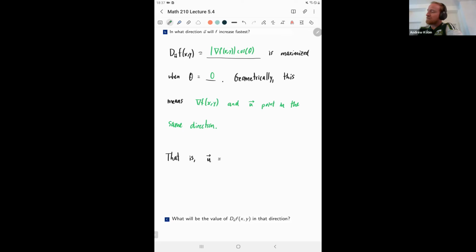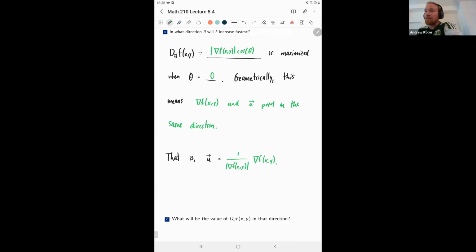And we can even do one better. The direction in this case is a unit vector u, and it points in the same direction as nabla f, the gradient vector. And we know that a unit vector in the direction of another vector is always given by take 1 over the length of that vector and scale the vector by that quantity.